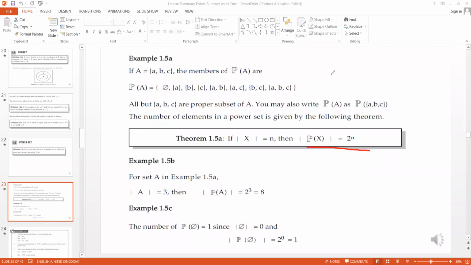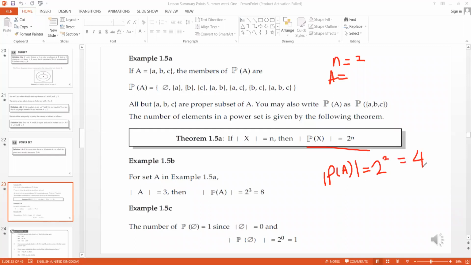So the first set we looked at contained 2 elements. A contained how many elements? n was 2. So if you're looking for the number of elements in the power set of A, it's going to be 2 raised to the power 2, which is equal to 4.